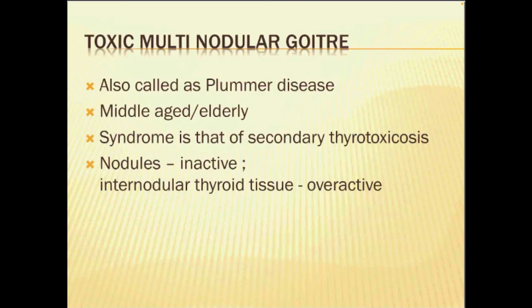Why do such nodules occur? These nodules occur because some area of the tissue can be overactive and some area can be inactive. In overactive areas there will be hypertrophy and hyperplasia, while the inactive tissues will not increase in size. This results in multinodularity.